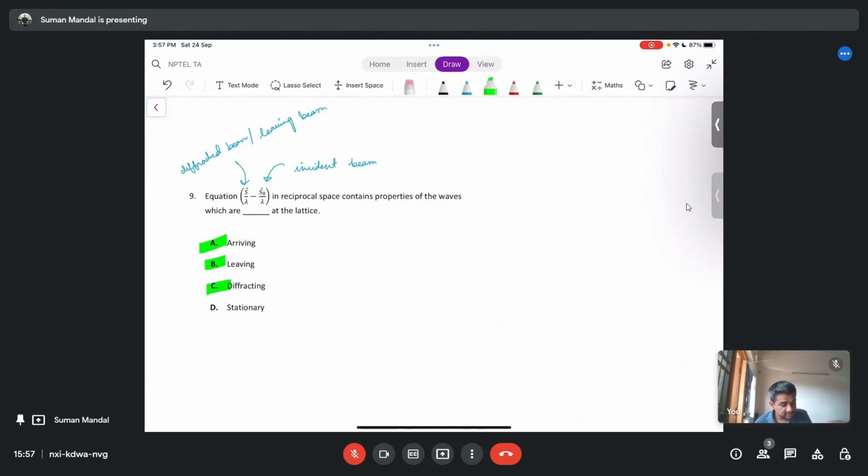And when this difference is a reciprocal lattice vector, only then can we call it a diffracting beam. Or else this is just a leaving beam.